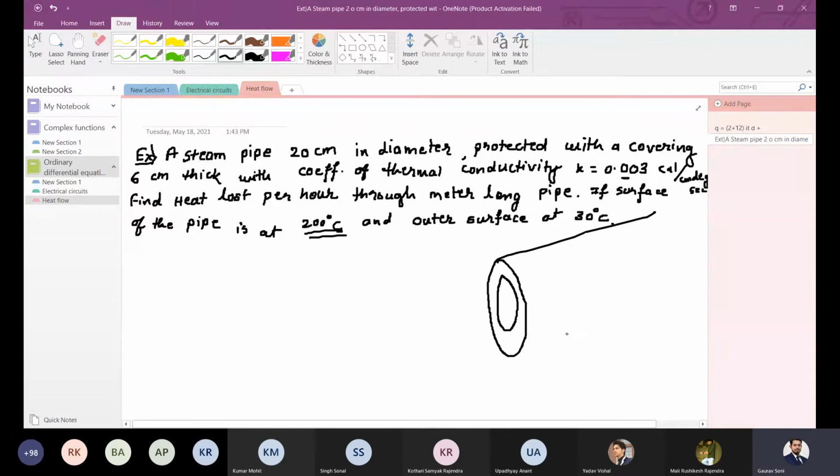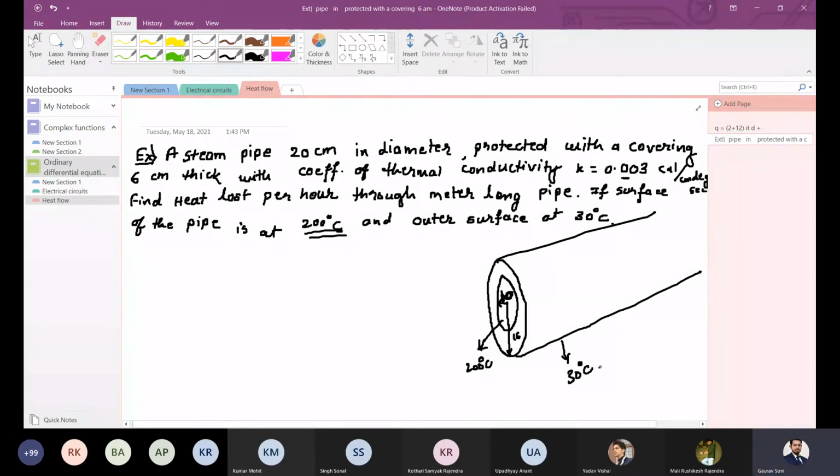So we have a pipe here. Diameter is 20, so this distance is going to be 10. Then from this to this, it is going to be 16. Inner temperature 200 degrees Celsius, outer temperature 30 degrees Celsius.